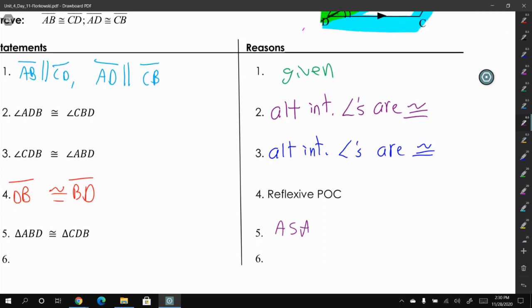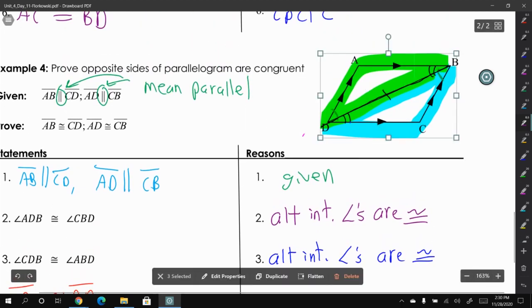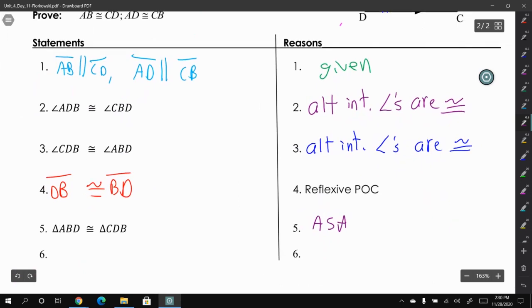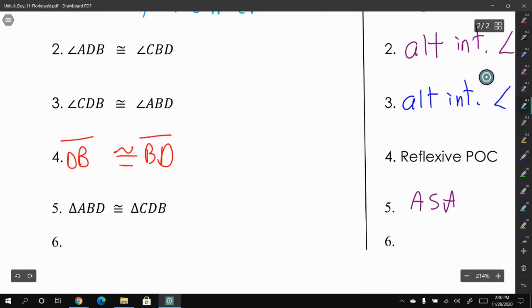Now, if these two triangles are congruent, that means their corresponding parts are congruent as well. So AB is congruent to CD. Look at AB, the first two letters, and CD, the first two letters. Those are congruent. And the other thing we're trying to prove is that AD is congruent to CB.